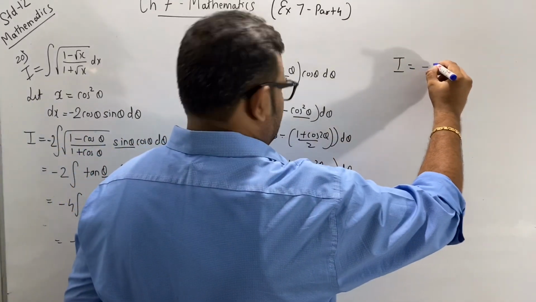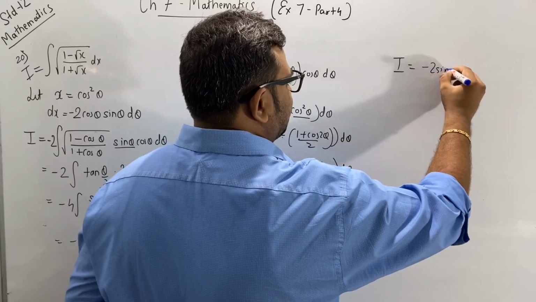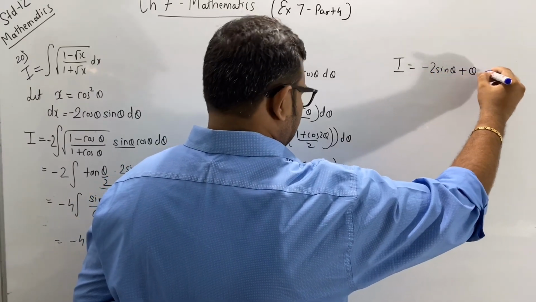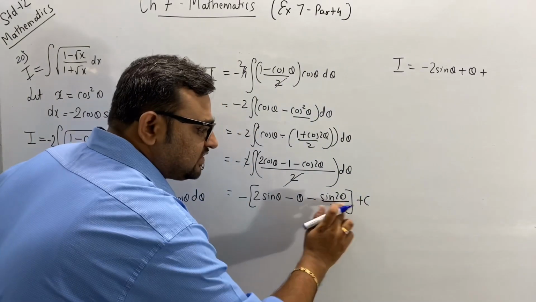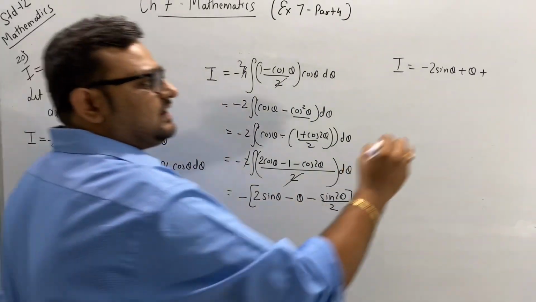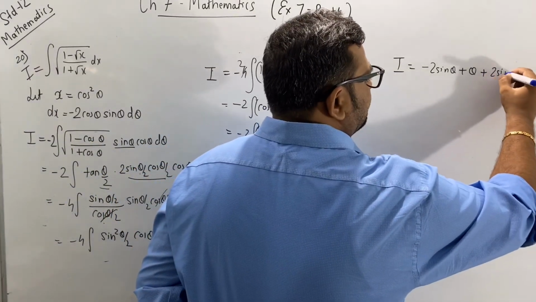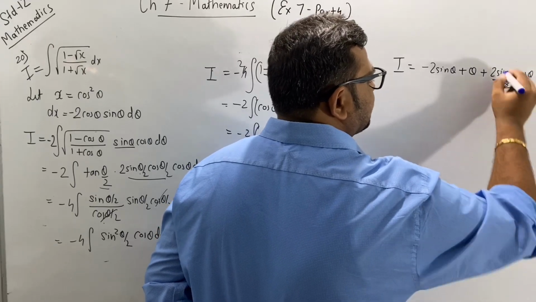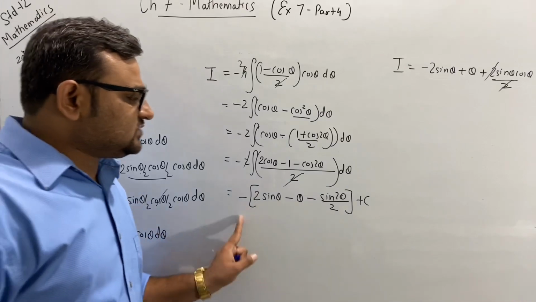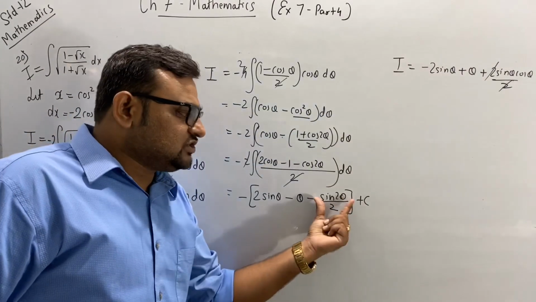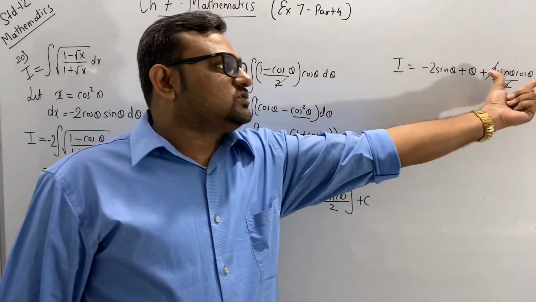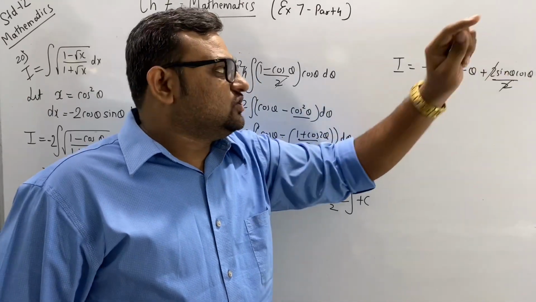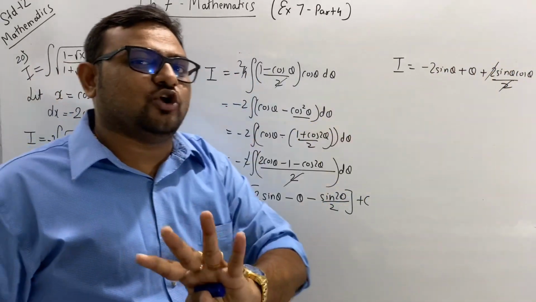It's minus 2 sine theta plus theta plus, again instead of sine 2 theta, I can write 2 sine theta cos theta by 2, plus c. See what I have done? Minus minus plus. And instead of sine 2 theta, 2 sine theta cos theta. Right? So now I have to replace the value of theta.